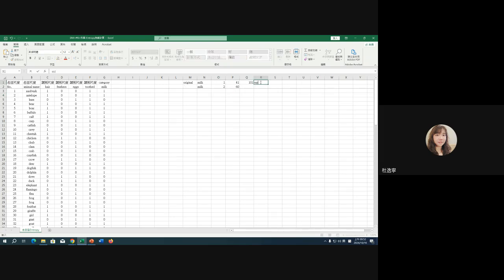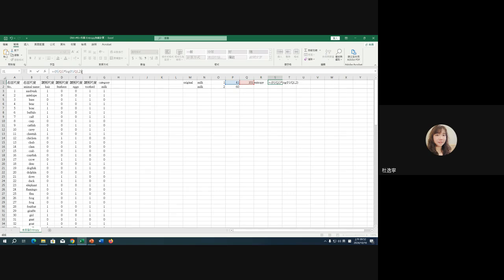So the entropy here will be minus, first is the minus, remember minus. This is 41 divided by 101 and multiply log of 41 divided by 101, and base is 2.